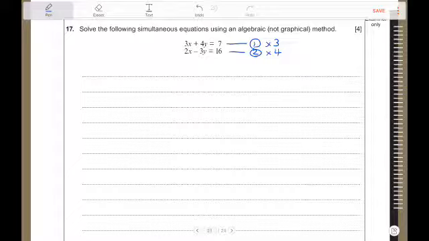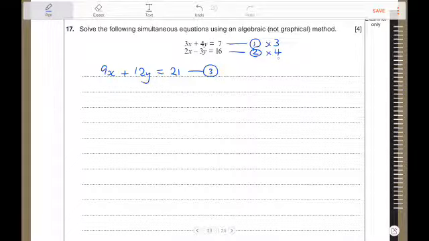So let's do that. Now when you multiply this equation by 3, you've got to multiply everything by 3. So 3 times 3x is 9x, 3 times plus 4y is plus 12y, 3 times 7 is 21. Now I'm going to label that equation 3, just because it looks a bit different. It's an equivalent equation to equation 1, but because it looks different, I'm going to call it 3.